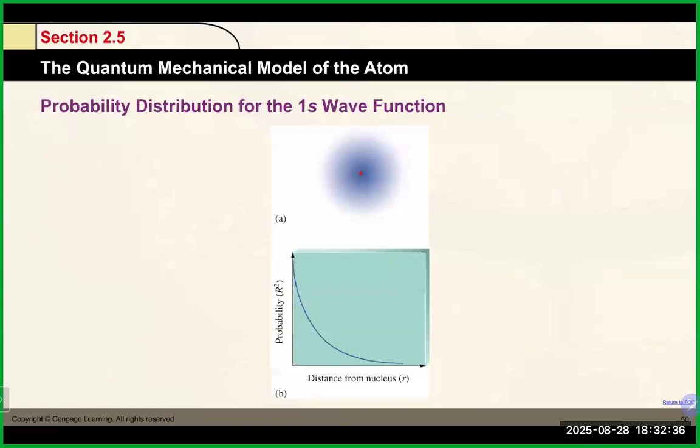So this is a probability map, for this transition from orbits like we had in Bohr's model to this quantum mechanical model where we talk about orbitals, which are really just theoretical probability maps of where you could find an electron within the atom.